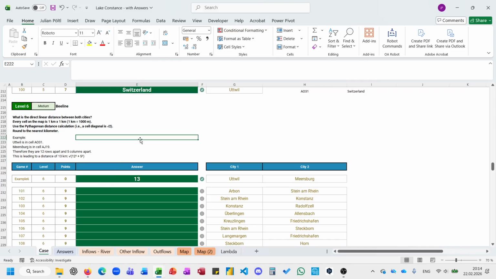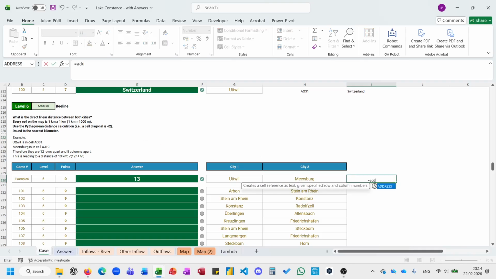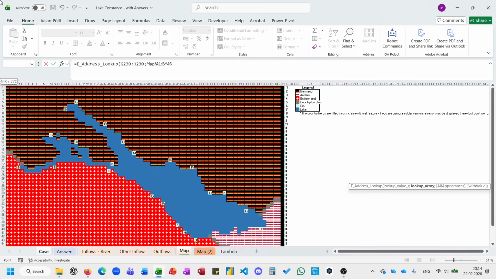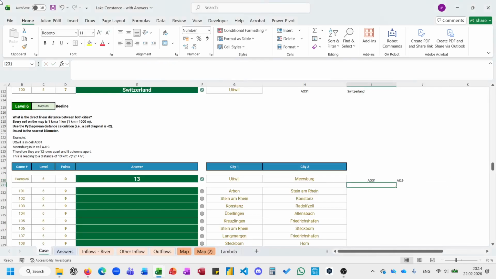So direct linear distance between those cities. Again, address lookup to get, this is basically I flatten both the map and the addresses and make them an xlookup there. Nothing special. One of the most used lambdas, actually.